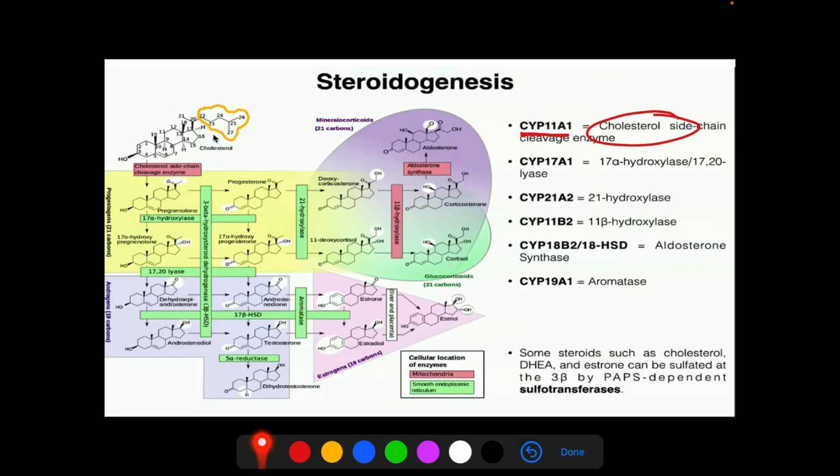Now, the next enzyme in this pathway, regardless of which pathway you're taking, whether progesterone or this hydroxylated version, is going to be the 21-hydroxylase.